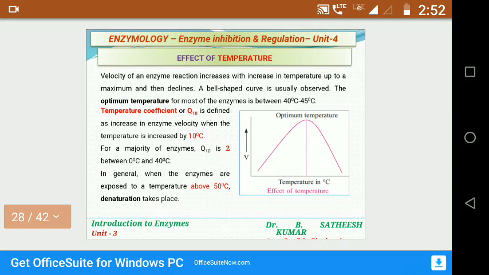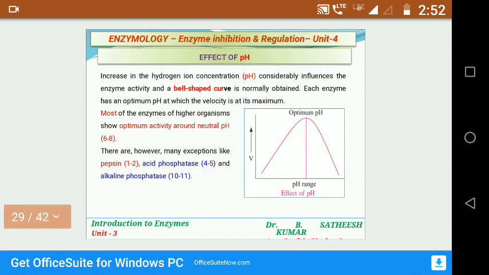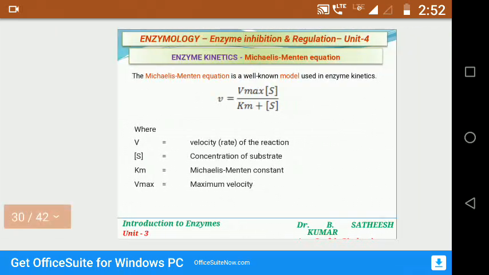For temperature, every enzyme has an optimum temperature where the enzyme activity is highest. Below or above this optimum temperature, the enzyme activity rapidly declines. pH is also the same, where each and every enzyme has an optimum pH, and below or above this optimum pH range, the activity of the enzyme will rapidly decline.